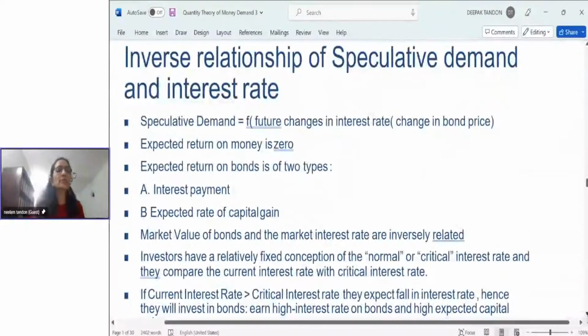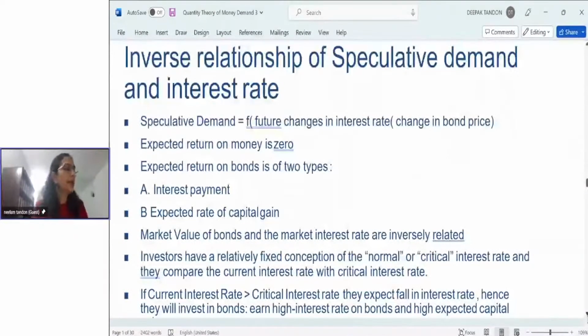Any idea about bonds? What kind of relationship is there between bond price and interest rates? Have you heard about Silicon Valley Bank? What went wrong with Silicon Valley Bank? In the US, Silicon Valley Bank defaulted.